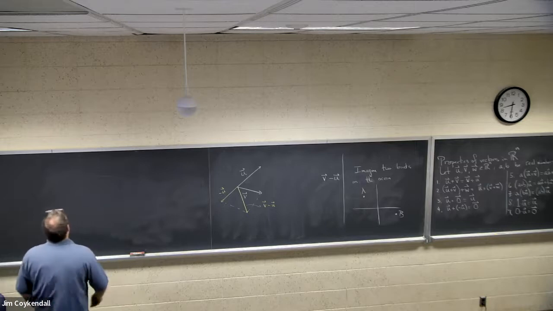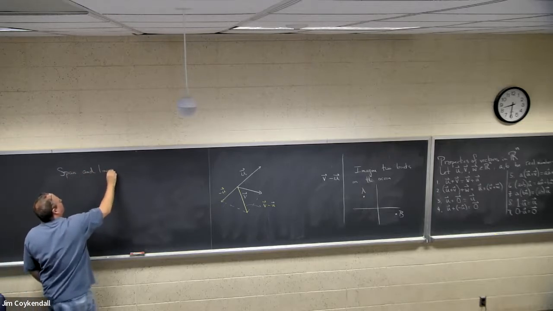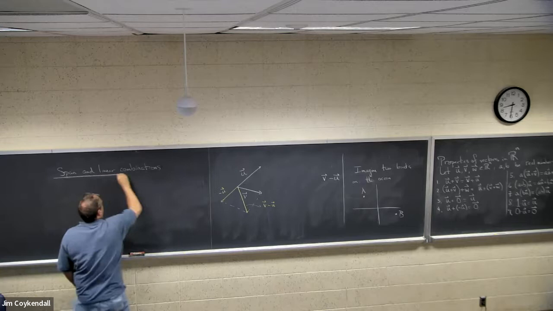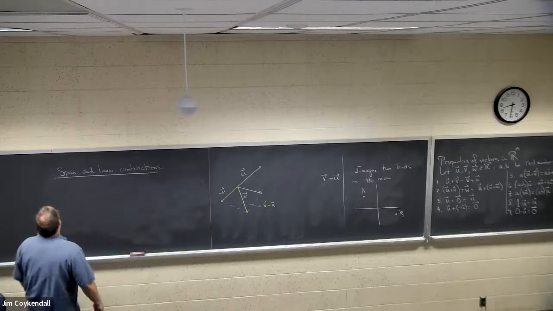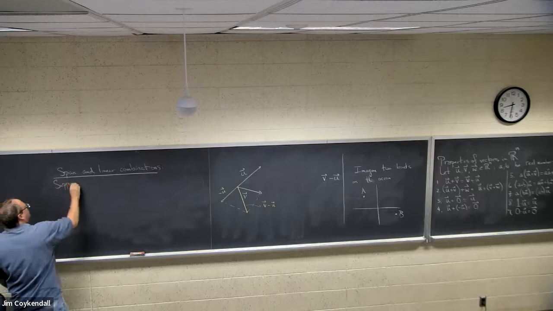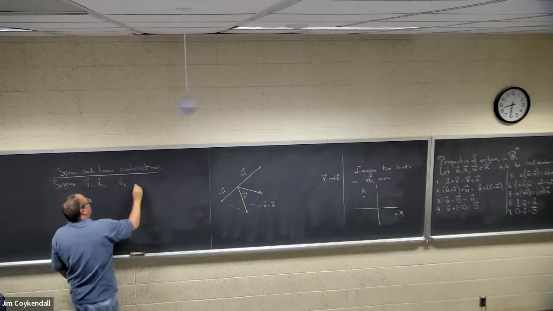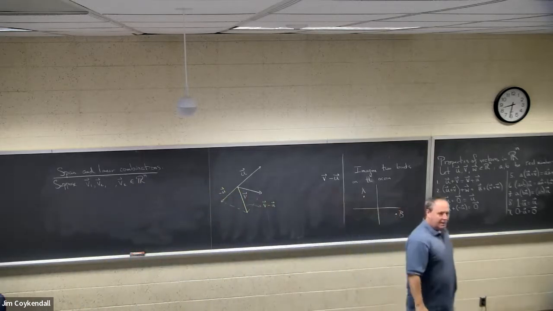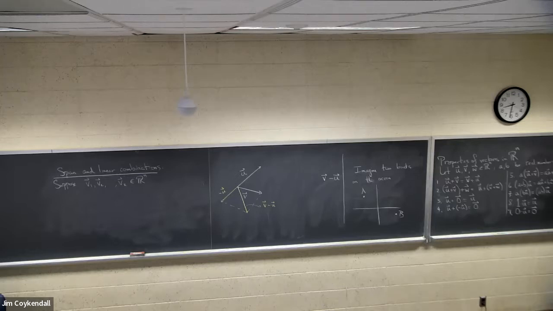Okay, so span and linear. Let's suppose we have this collection of vectors in R^n.